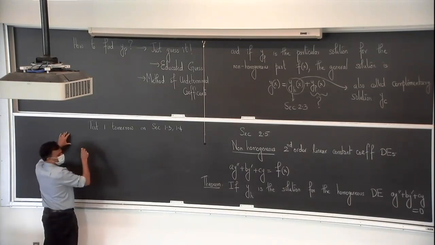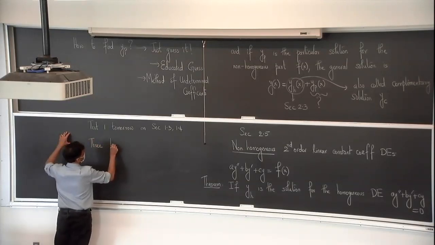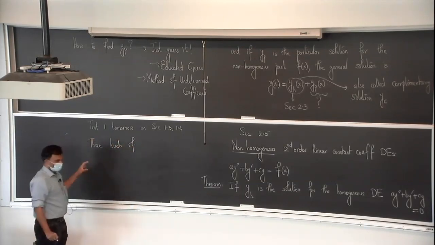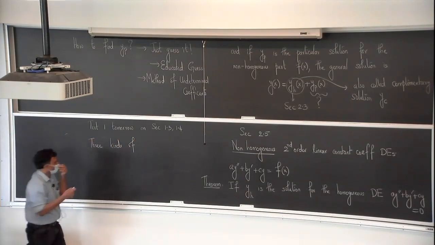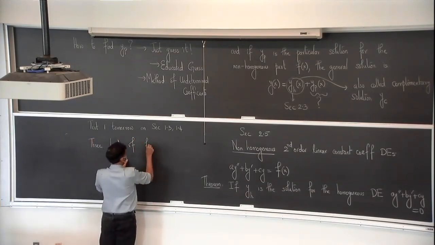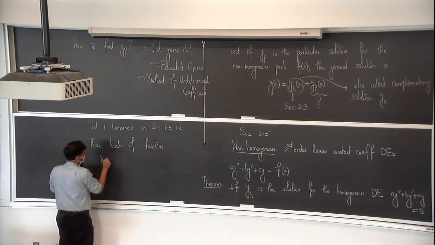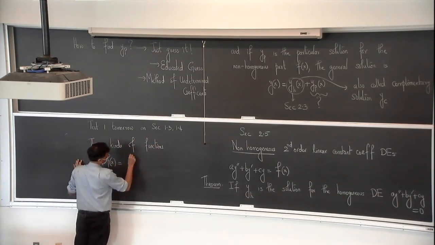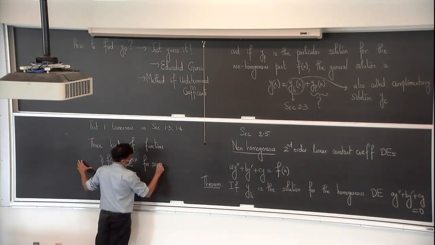So the types of functions we are going to discuss here are of three types. This method of educated guess only works for these three kinds of functions. If there's anything else, we need different techniques. Three kinds of functions. One, f of x being an exponential function, e to the power of kx, where k could be positive or negative.